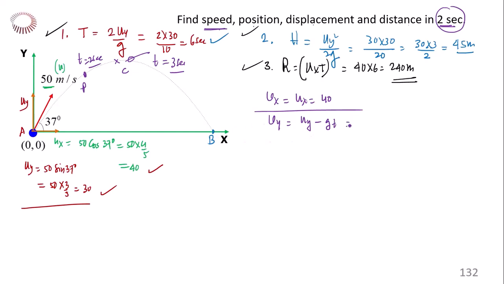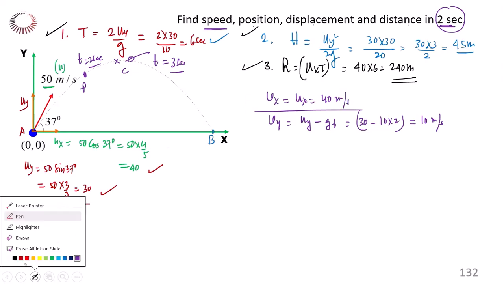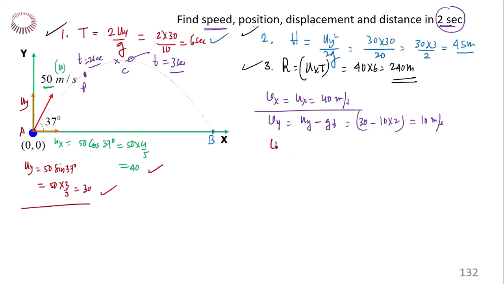Uy initially is 30, minus 10 into 2, that is 10 meter per second. Once I calculate this number, I can write the velocity in vector form at point P: V equals Vx i plus Vy j, that is 40i plus 10j. Why? Because 40 is the x component and 10 is the y component.